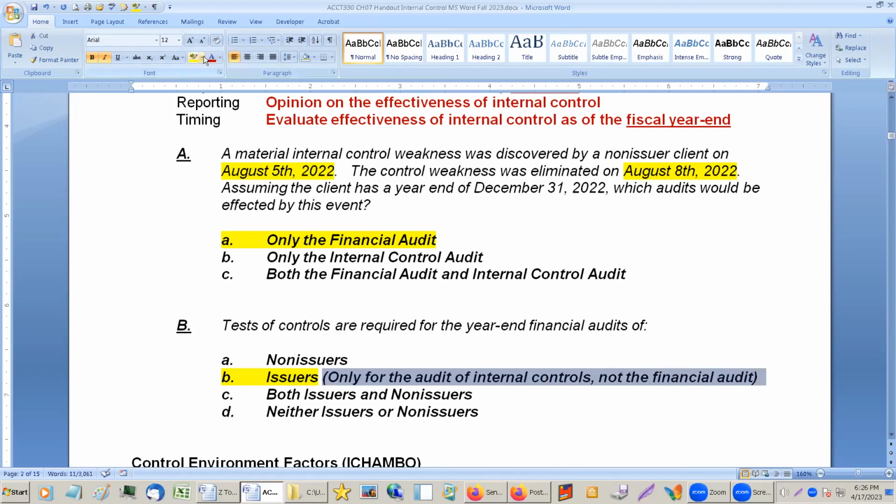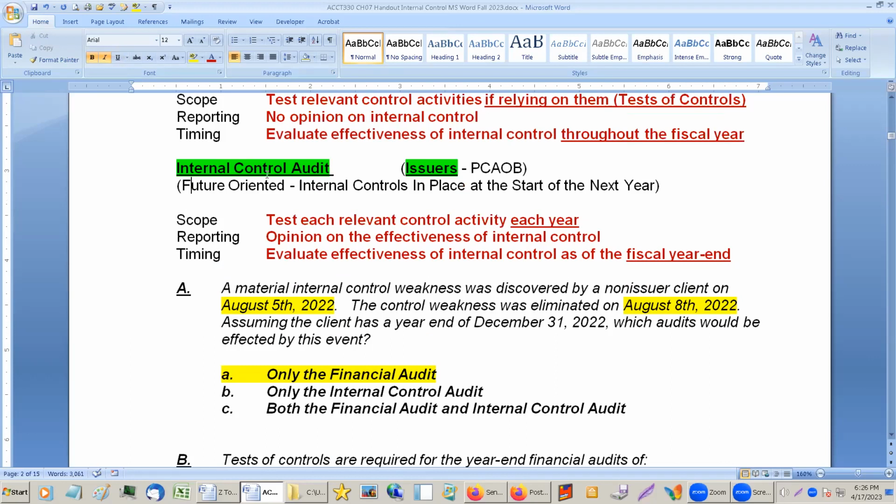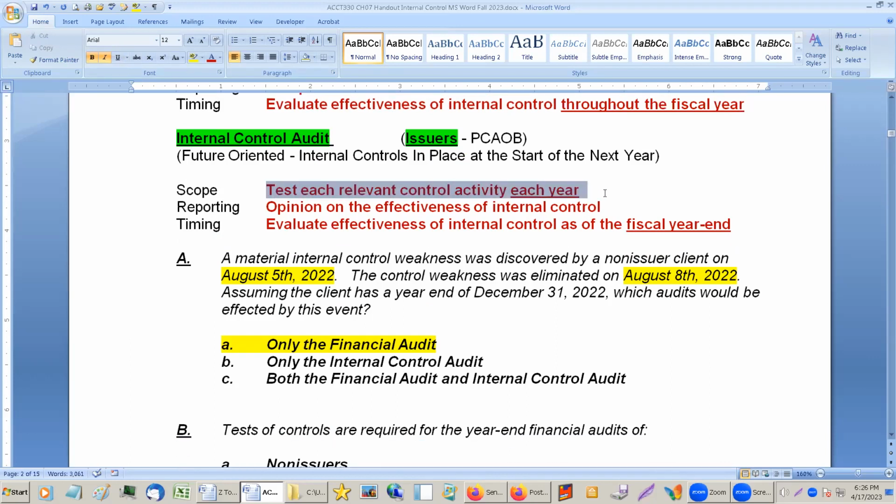The financial audit, they don't need to. So the financial audit, you don't need to do any tests if you're not going to rely on it. But for the internal control test, you have to test each relevant control activity each year.